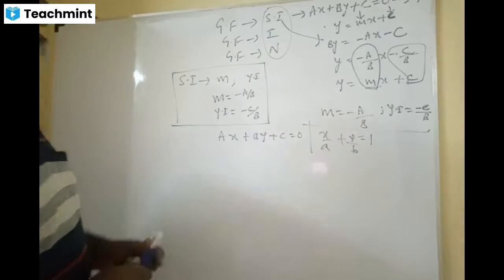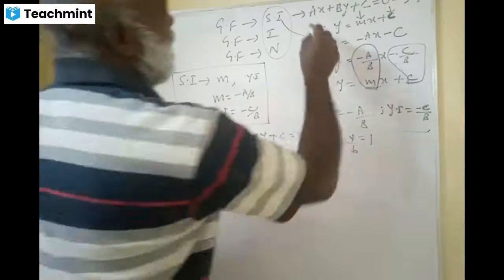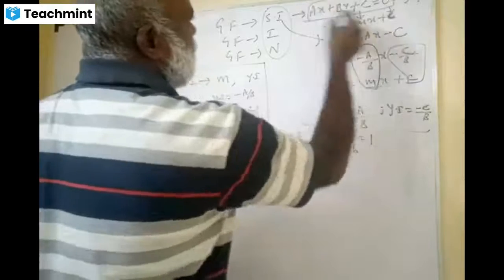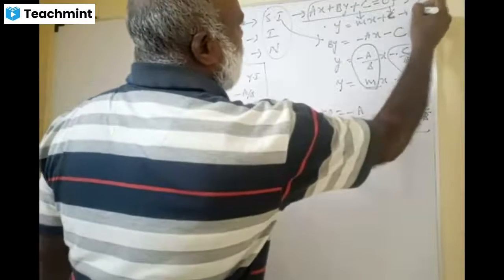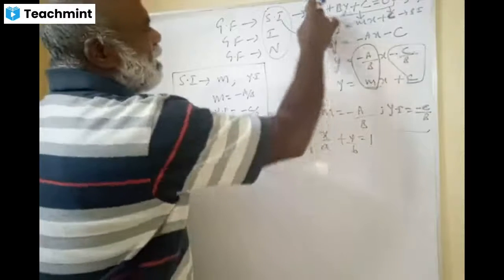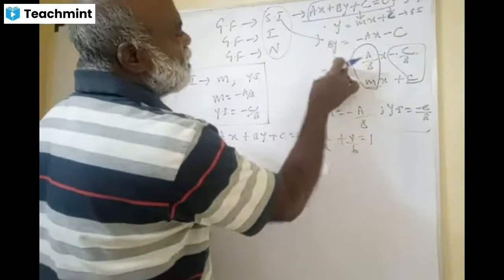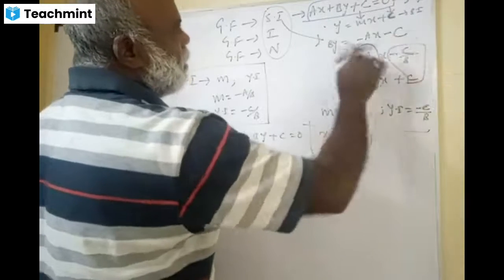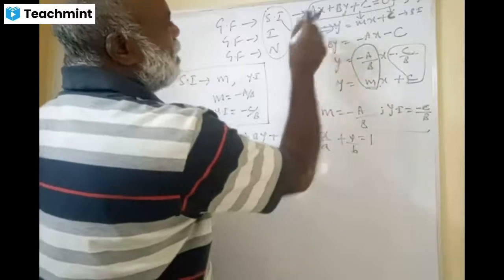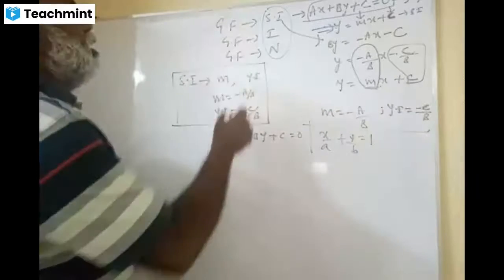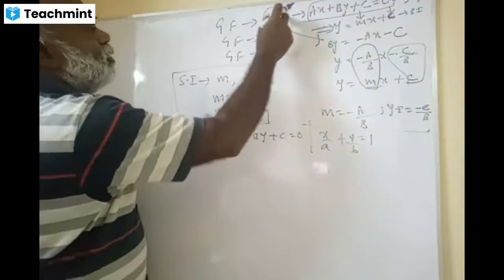Right, once again I'll tell you, since Ram has come. Ax plus By plus C equal to 0 is called the general form. This is called slope intercept form. So in the general form, write in terms of y equals mx plus c. Transform general form into slope intercept form.